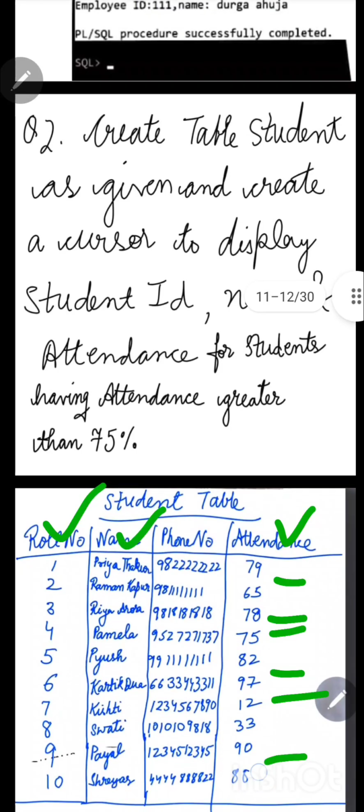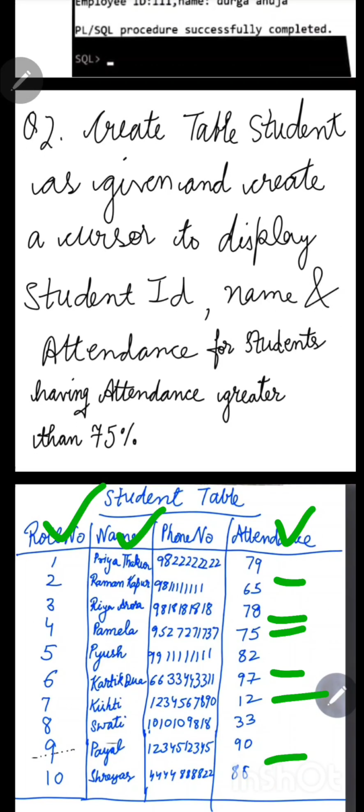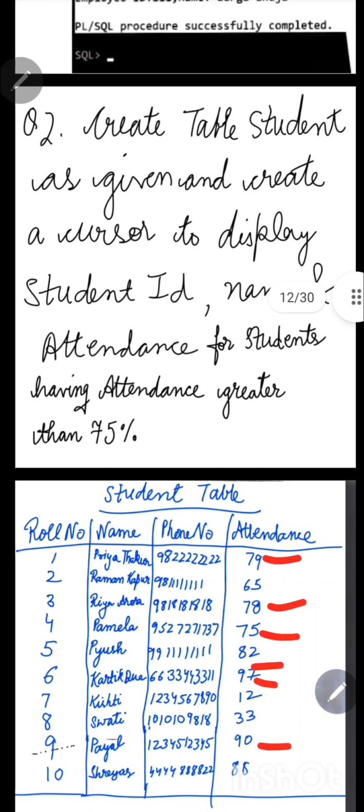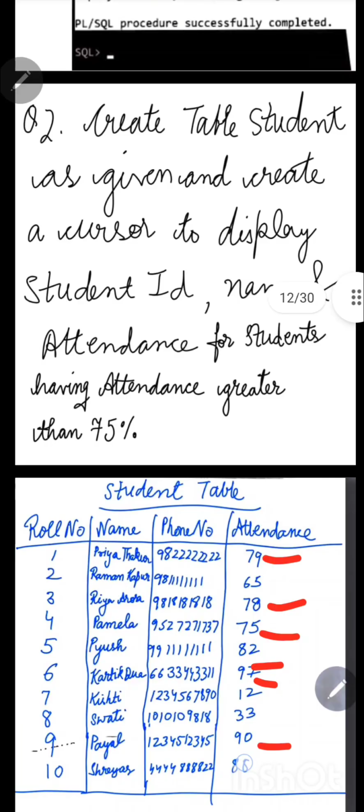So these are the rows which have values greater than 75, and the rest have values which are less than 75. So how many rows will be selected? Let's count again: 1, 2, 3, 4, 5, 6 and 7 rows will be selected.